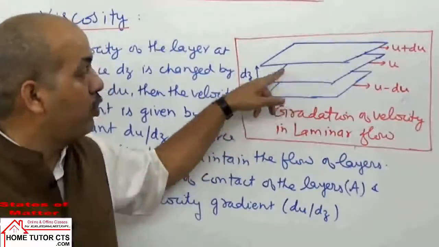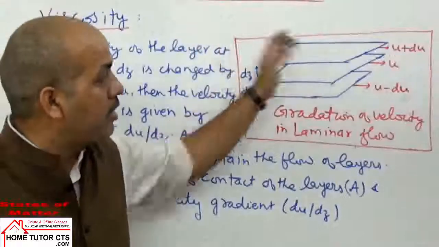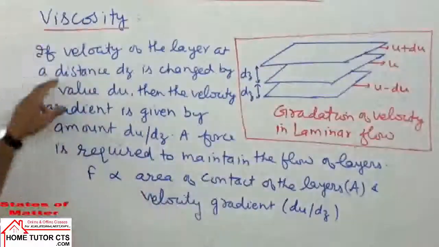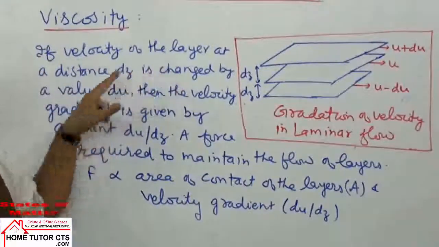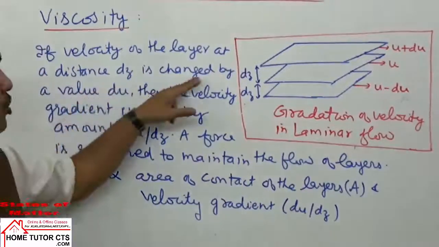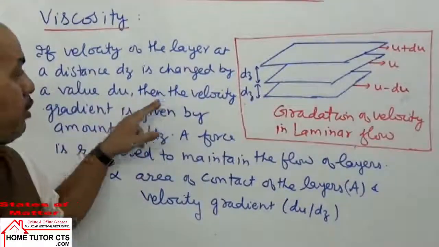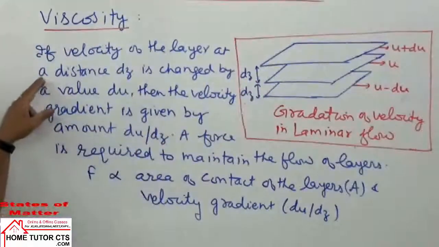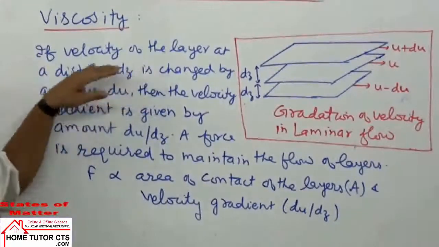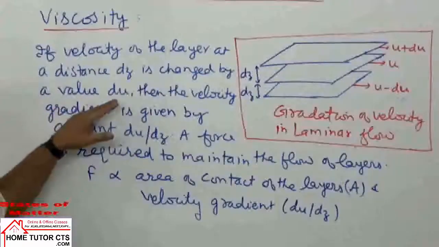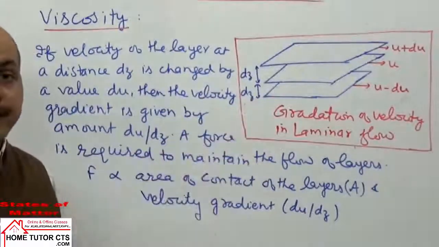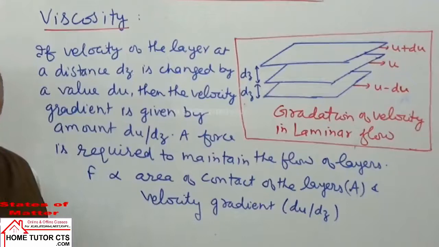The lower layer will try to retard this motion, and the upper layer accelerates the middle layer flow. If the velocity of the layer at a distance dz is changed by a value du, then in the distance dz the velocity is changing by du. The lower layer speed is decreased by du, and the upper layer speed is increased by du as compared to the middle layer.